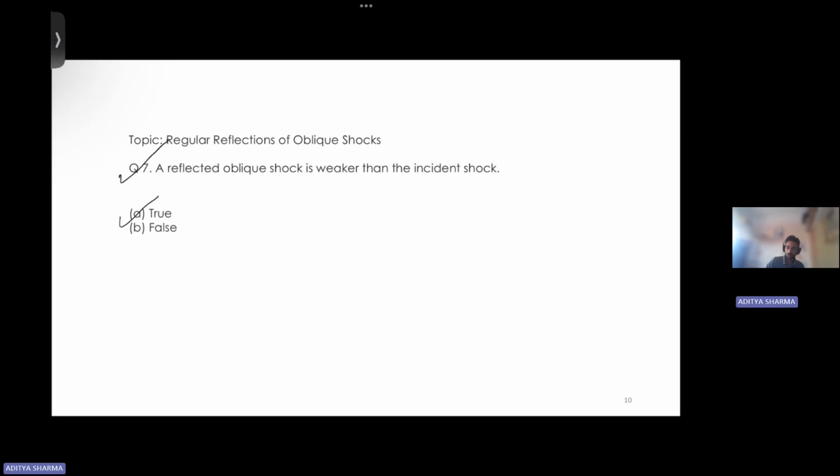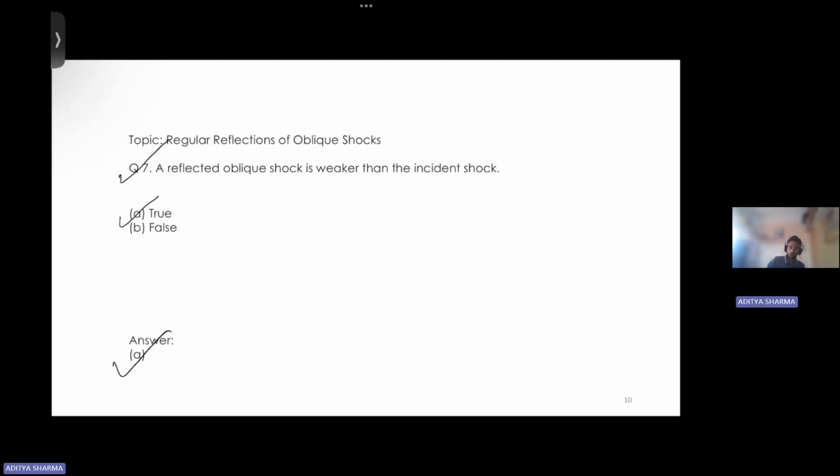So this is a true answer, right? It's a true statement. And if you see, the answer also says option A is correct, right? So this was on regular reflections of oblique shocks, right?